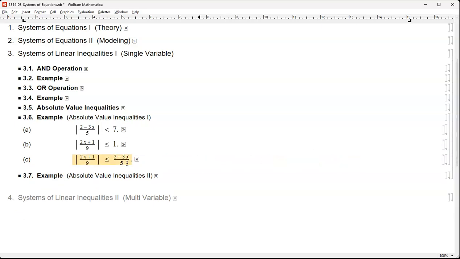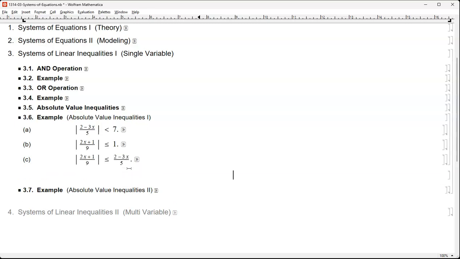Now this one here is gonna be harder. We don't have just a single number. We have another expression here. So we're gonna get an AND operation. What am I talking about? Did I say AND? Excuse me. What am I talking about?